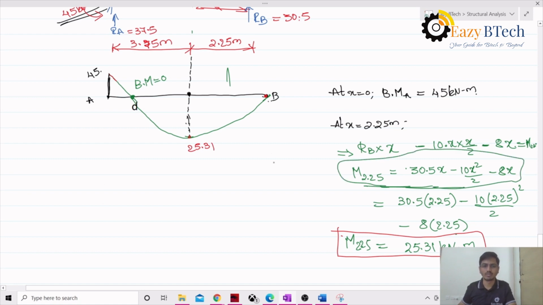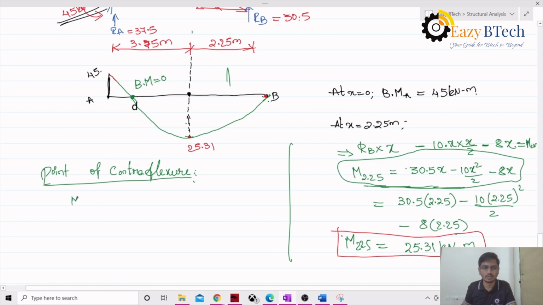So now, the point of contraflexure. At this point, we'll equate this equation to 0. Why? Because we need the bending moment to be 0.